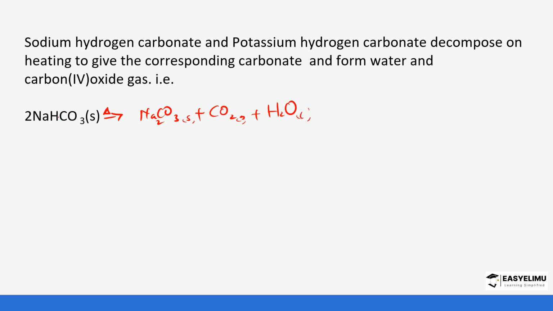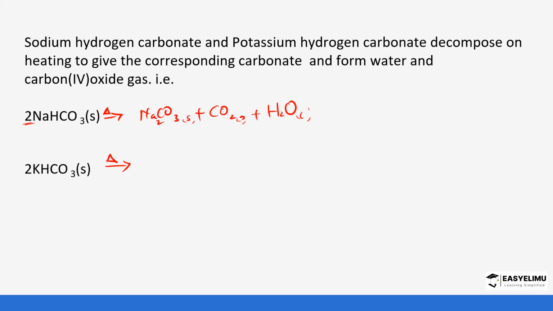When we balance this equation, there will be a 2 in front of sodium hydrogen carbonate, because there are 2 sodiums, 2 hydrogens, 2 carbons, and 6 oxygens. Next is potassium hydrogen carbonate.